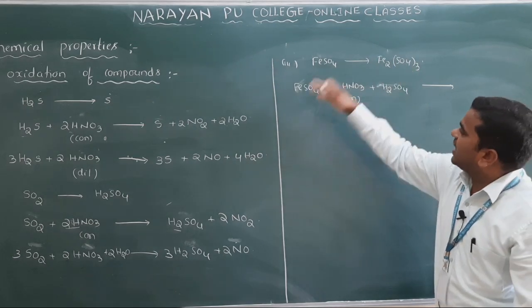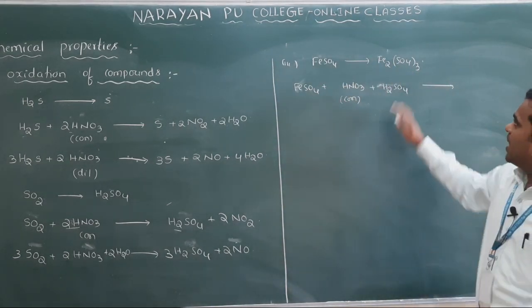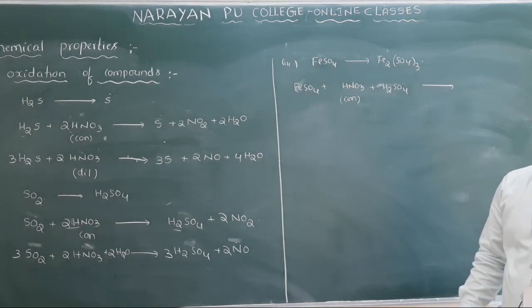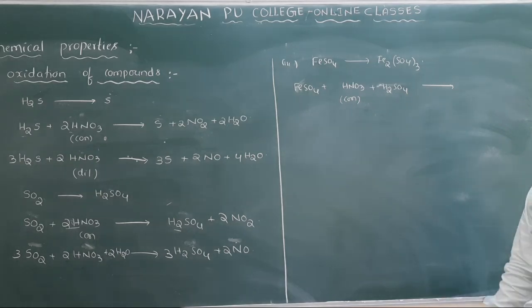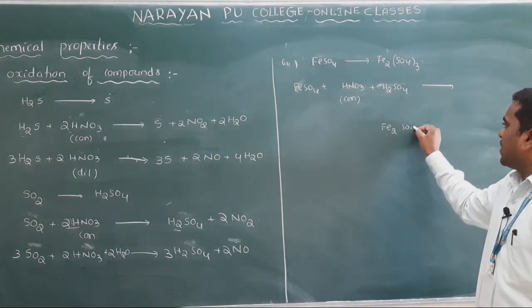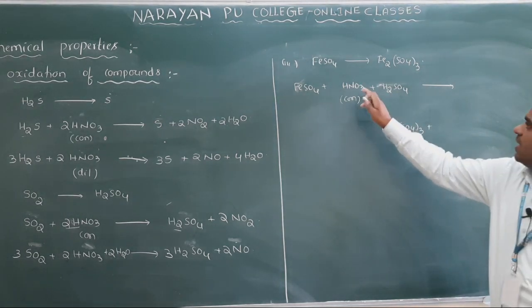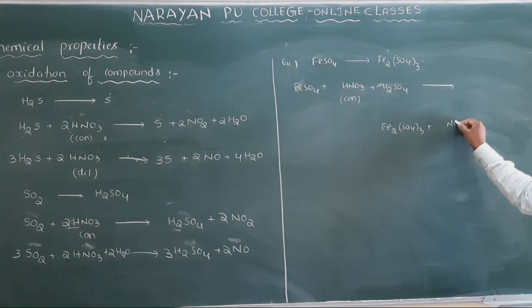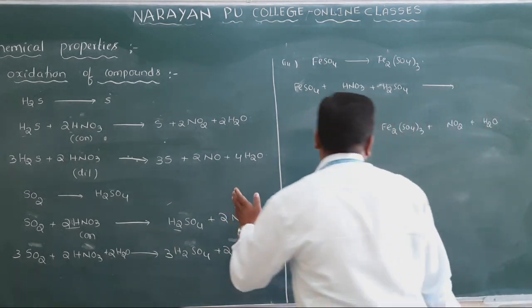So you have to add H2SO4 to balance the SO4 units. And also this reaction always takes place in acidic medium. Clear? Then what compound you will get? You will get the compound Fe2(SO4)3. Clear? Plus what you will get here? NO2 you will get plus H2O.